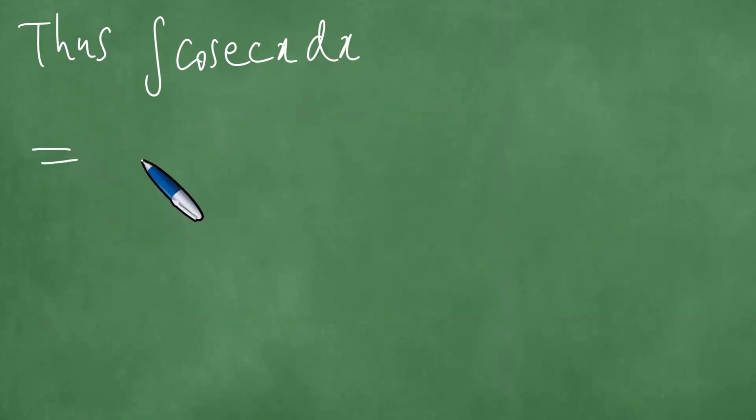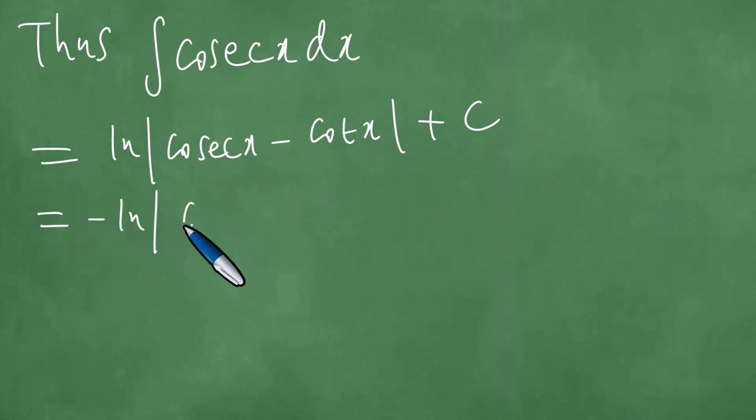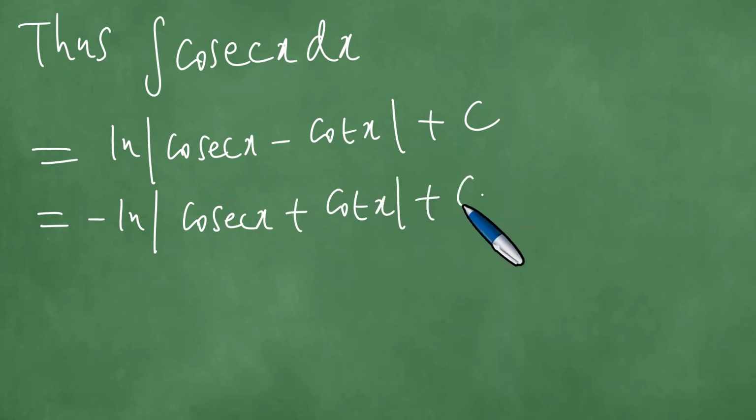We've already seen that this integral is the natural log of what? It is the natural log of cosecant x minus the cotangent of x plus c, minus the natural log of cosecant of x plus cotangent of x plus c.